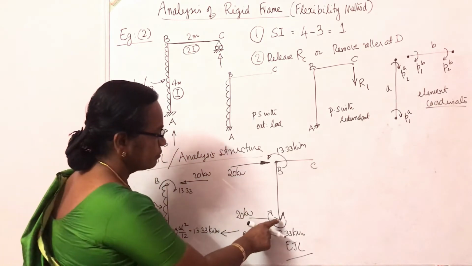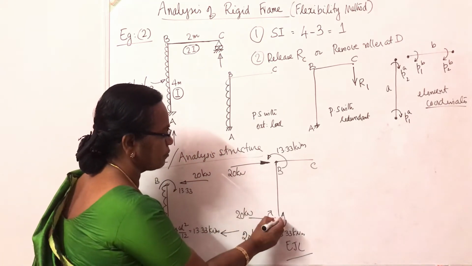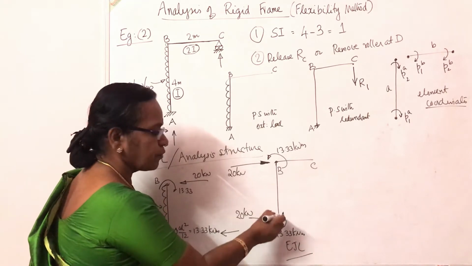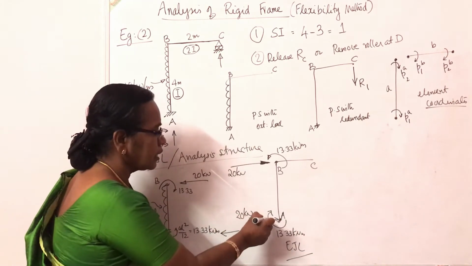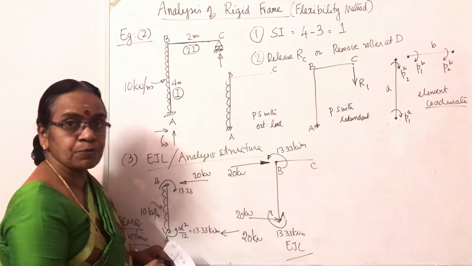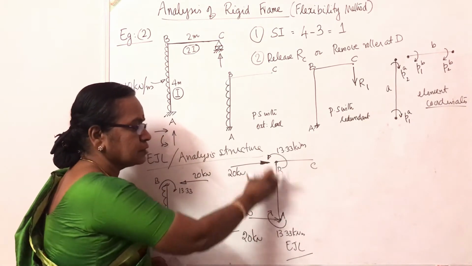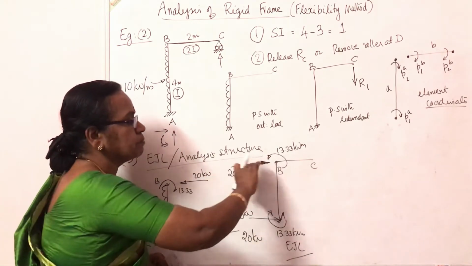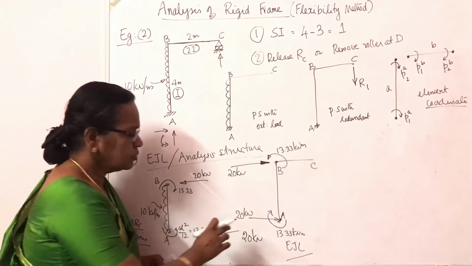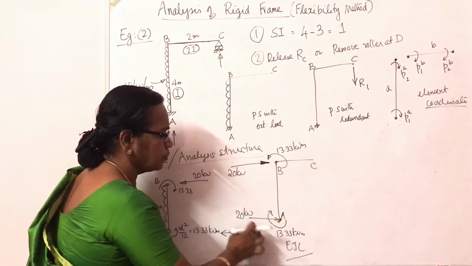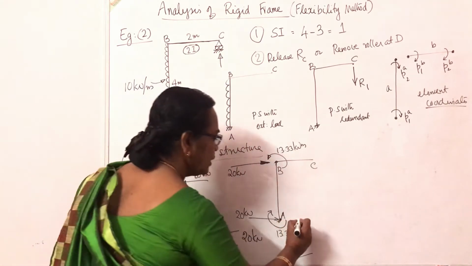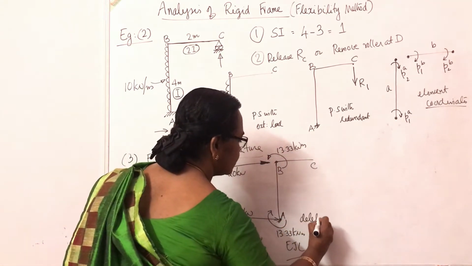As such, the fixed end moment here, this is a fixed support reaction. This horizontal reaction is also a fixed support reaction. These will not produce any bending moment anywhere in this column AB or in this beam BC. So we can delete these two components.